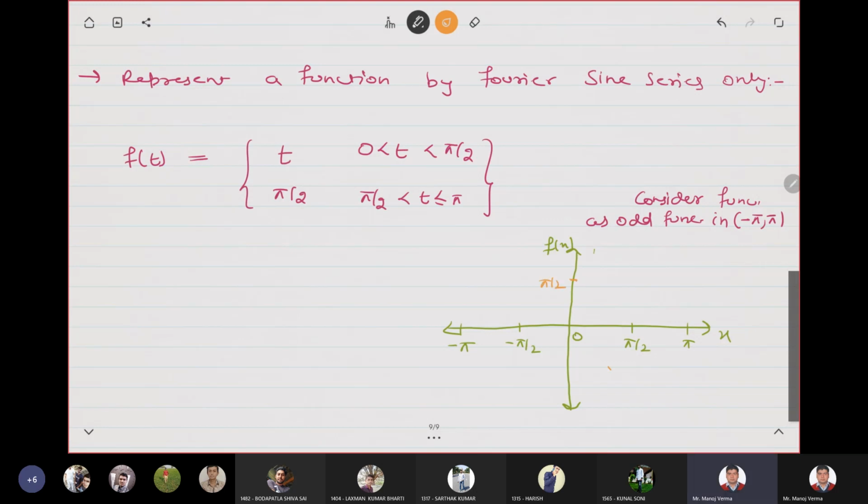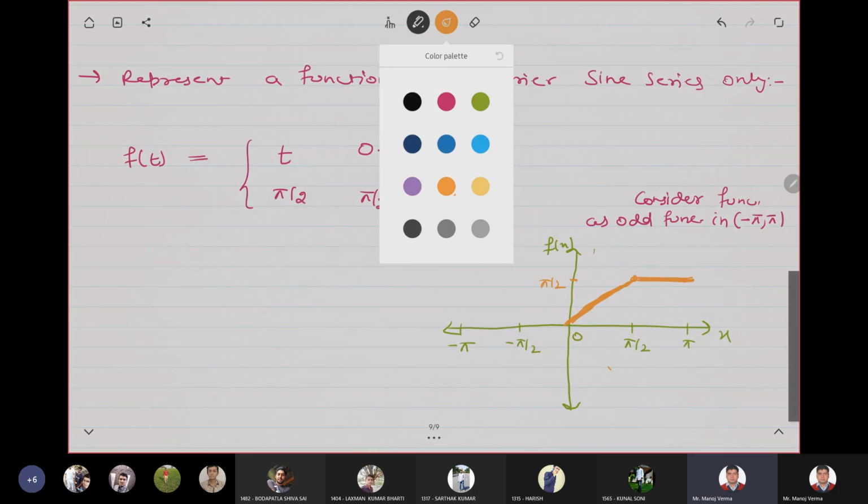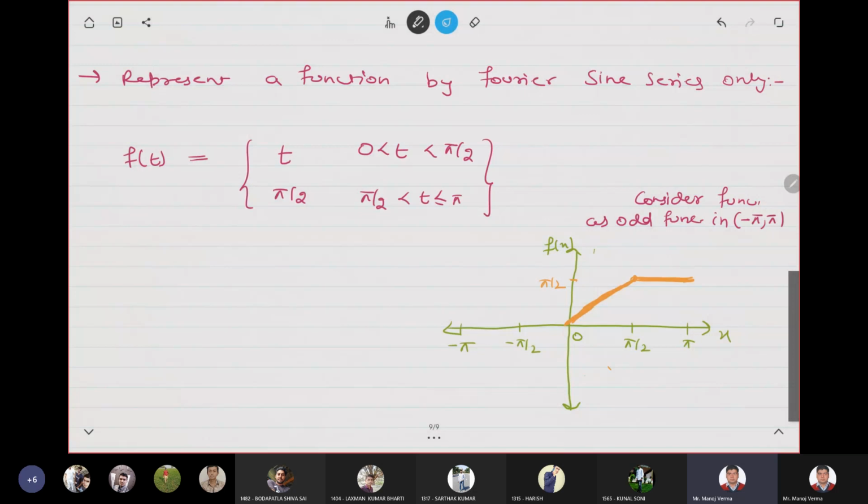From 0 to pi by 2, this is a linear function, so it will look like this. And from pi by 2 to pi, it was a constant function having value pi by 2. And for negative x values, this function was not defined. But the question was, you have to express this function in a Fourier sine series only. So for a Fourier sine series, what we have to do is consider this function as an odd function. So if I consider this function, it is something like this.